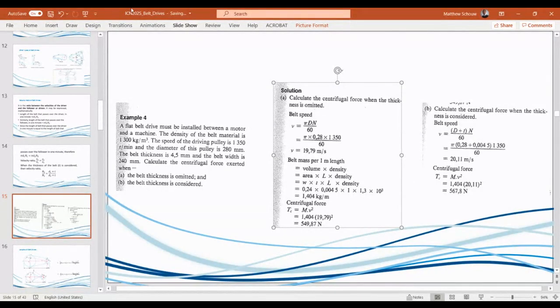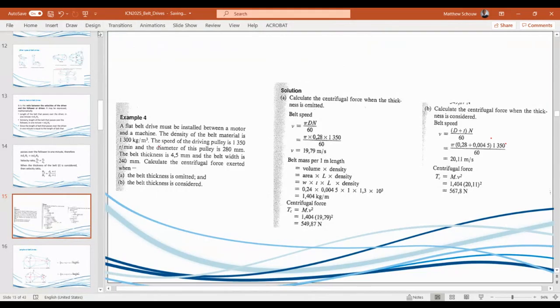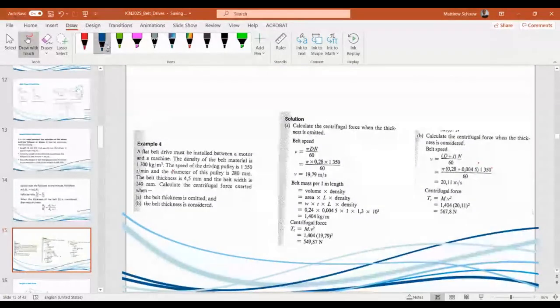So what I'm going to say is that when we omit the thickness, meaning we don't use it, we get this value, and when we do include it, we get that value. And this is our belt thickness of around 4.5.